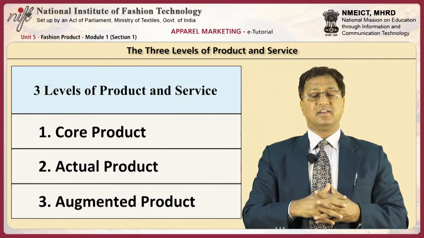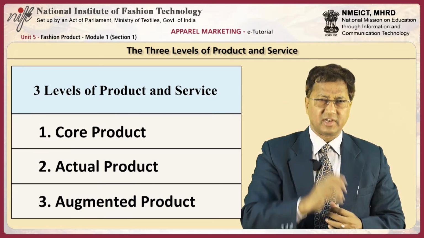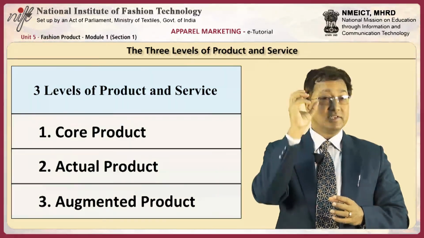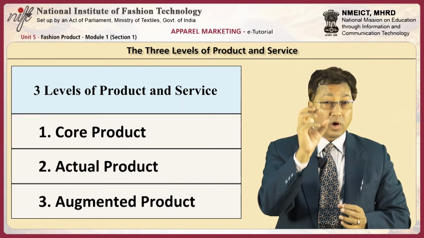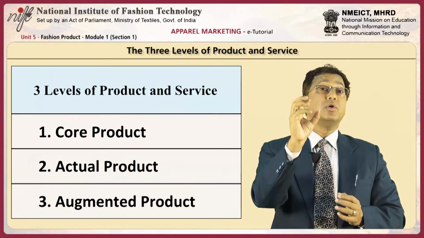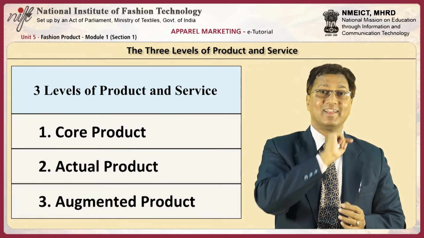Now, let us understand how these differentiate. Core product. Core product is the one that a consumer really wants to buy or is buying.